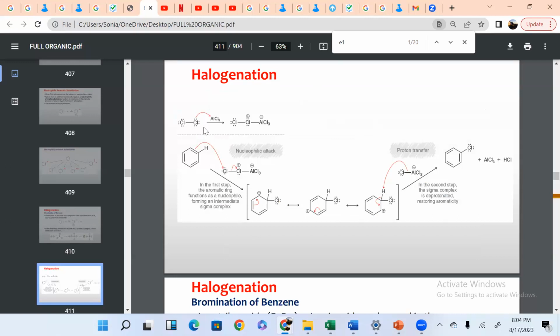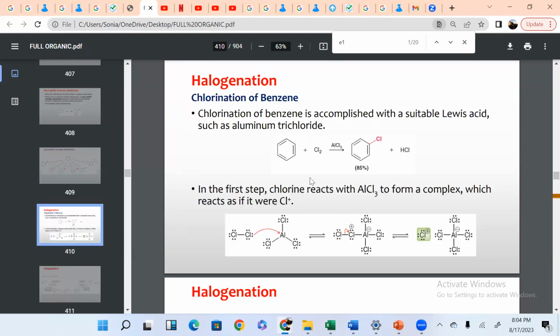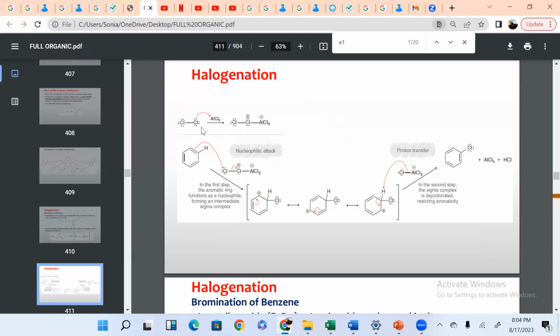You can see the first step for the electrophilic substitution: chlorine reacting with aluminum chloride, forming this complex. Then in our benzene molecule, these two pi electrons are what are used for nucleophilic attack.